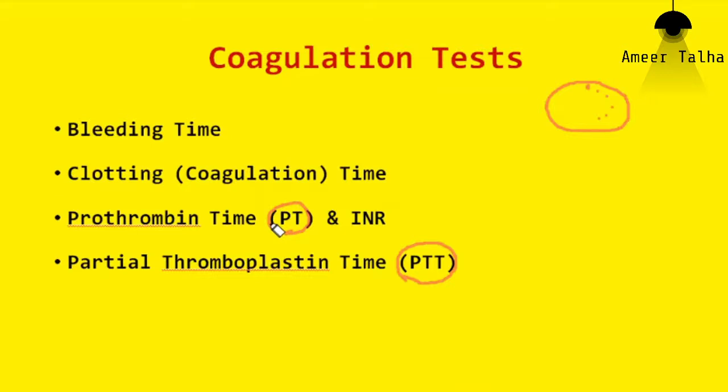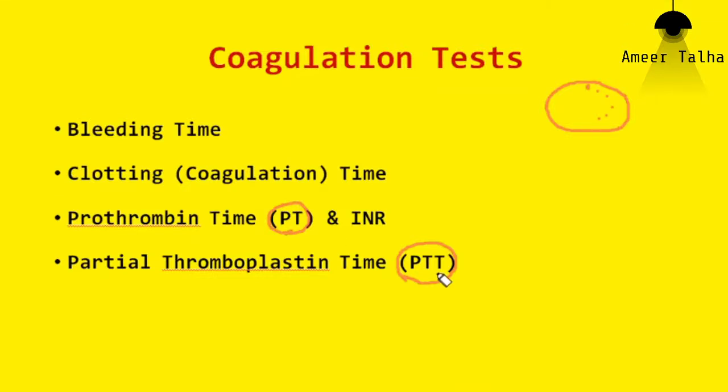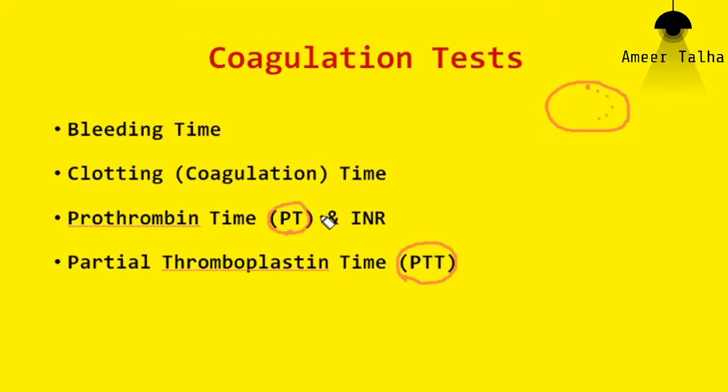So prothrombin time PT versus partial thromboplastin time PTT. What is prothrombin time? How can we determine prothrombin time? It is a bit complicated procedure. We take the blood sample and put it in a glass test tube, and then we add citrate or oxalate.